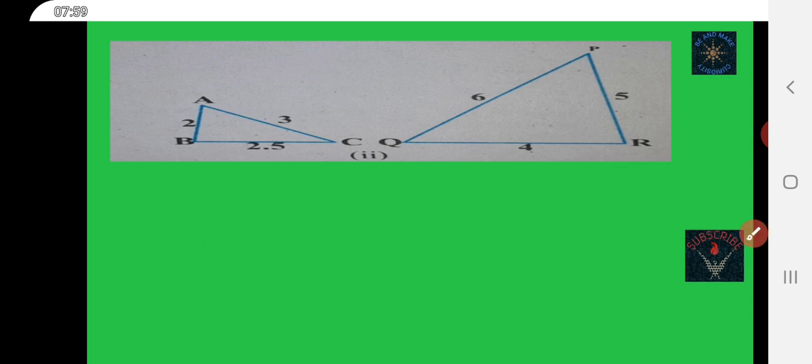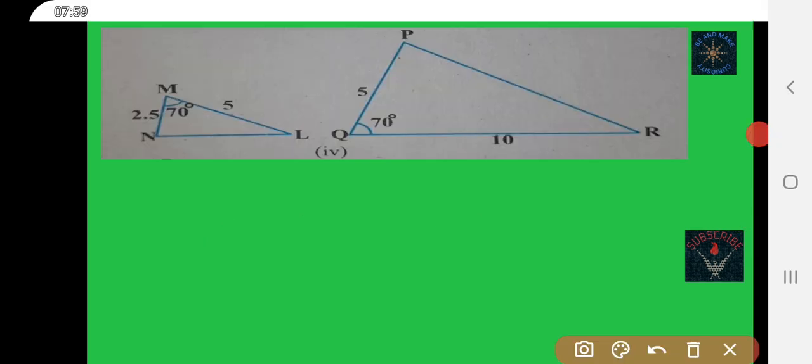Next, here you see two sides are given and included angles are given, so using the SAS similarity criterion you can check whether two triangles are similar or not.